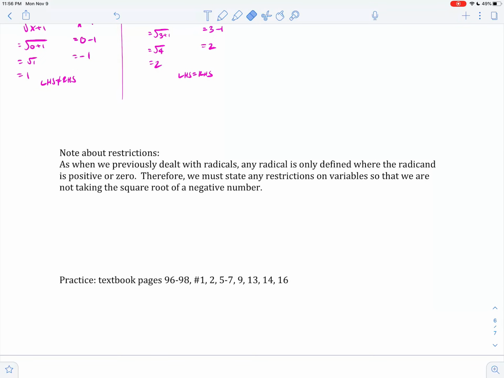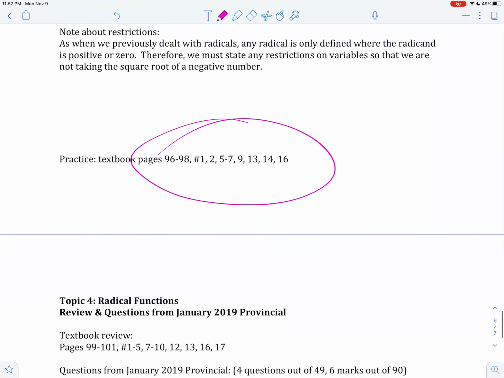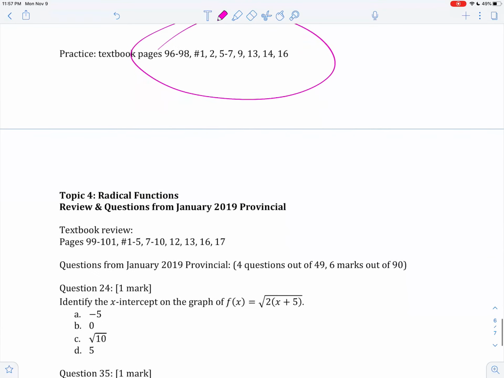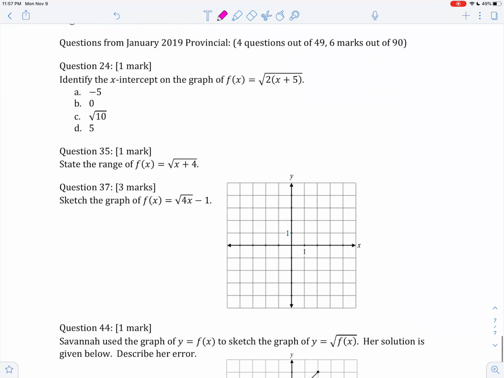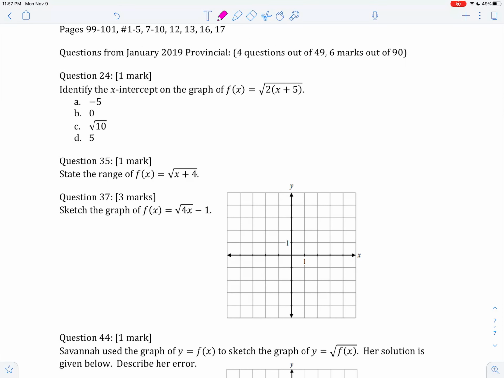There is some practice here that you should deal with at some point in your life. So give it a practice run. Give it a go, give it a try. I did mention that this is the end of just this one topic. We'll have more topics later, don't you worry. So textbook review and then questions from the 2019 January provincial.